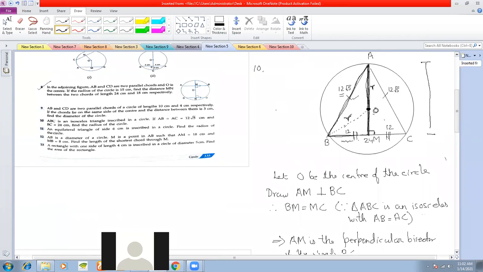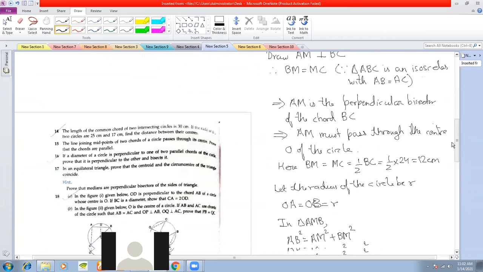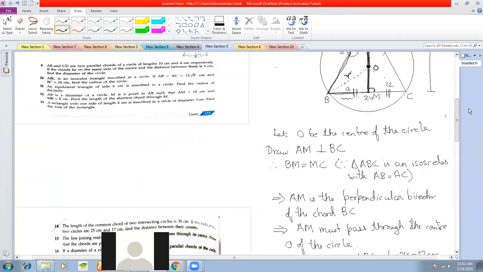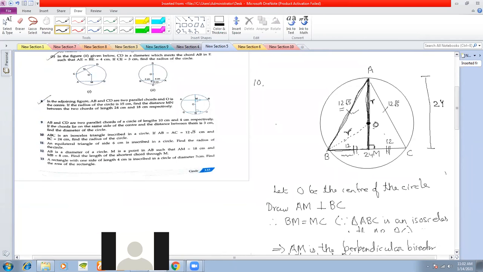This length we have managed to find out. If you know this entire length as 24 centimeters, and if you know this length as R, then what should be this length, that is OM? We're talking about OM here. What is the length here?